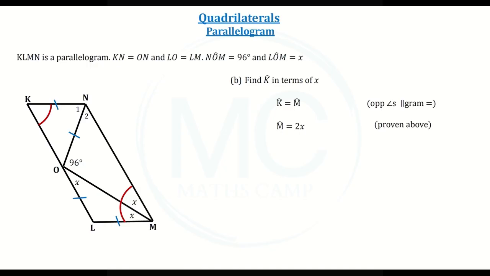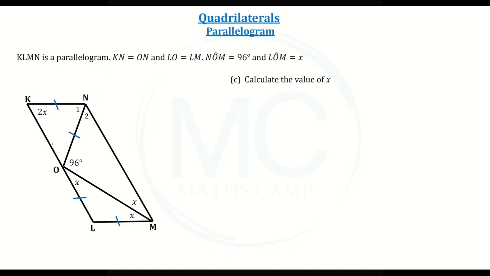Now we know that angle K is equal to angle M. And if angle M is equal to 2x, then angle K is equal to 2x. Now we can take out our red arcs in the diagram and write 2x at angle K. And now we can move on to part C, calculate the value of x.